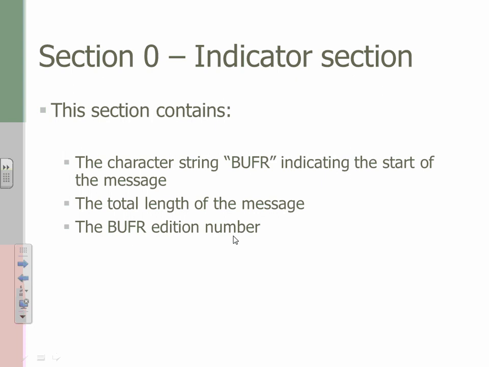So now the official version is buffer edition 4. If you start using buffer, it's good to use edition 4. But the existing buffer 3 edition products are still floating, so you might need to decode buffer 3 edition as well. But if you create buffer yourself, please use buffer 4, not 3.